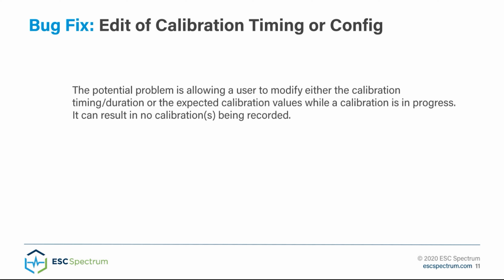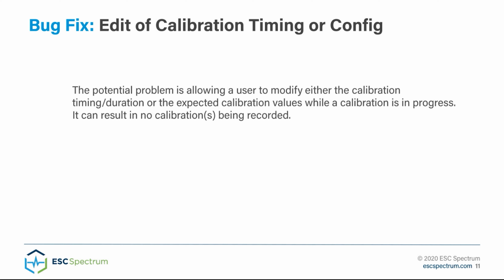This is a bug fix associated with the editing of calibration timing or configuration, i.e. your expected span 0, low, mid, or high as applicable settings. The potential problem is allowing the user to modify these while a calibration is currently in progress. What that translates to more than not is the resetting of the counters while the calibration is in progress.